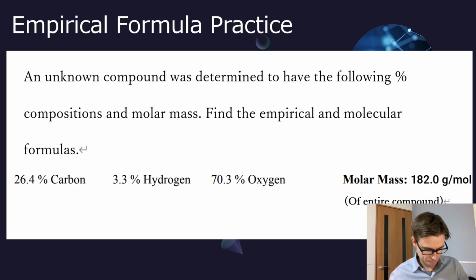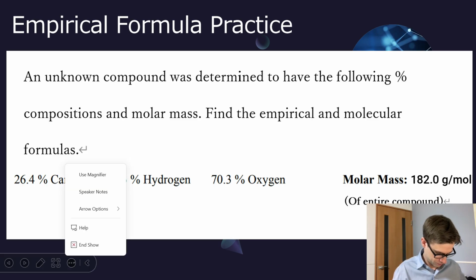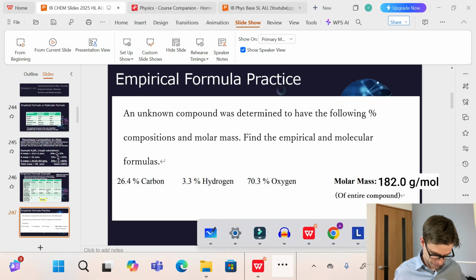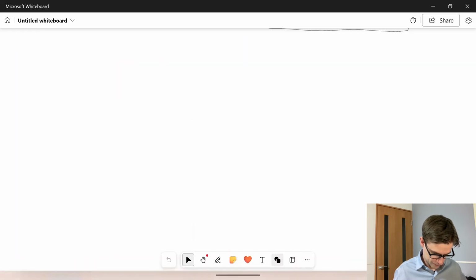Okay. If you've done it, then I'll go to my whiteboard actually and see if I can do it myself pretty quick. So 26.4% carbon, 3.3% hydrogen, 70.3% oxygen. So I'm going to just make a little table like I had on my previous slide.